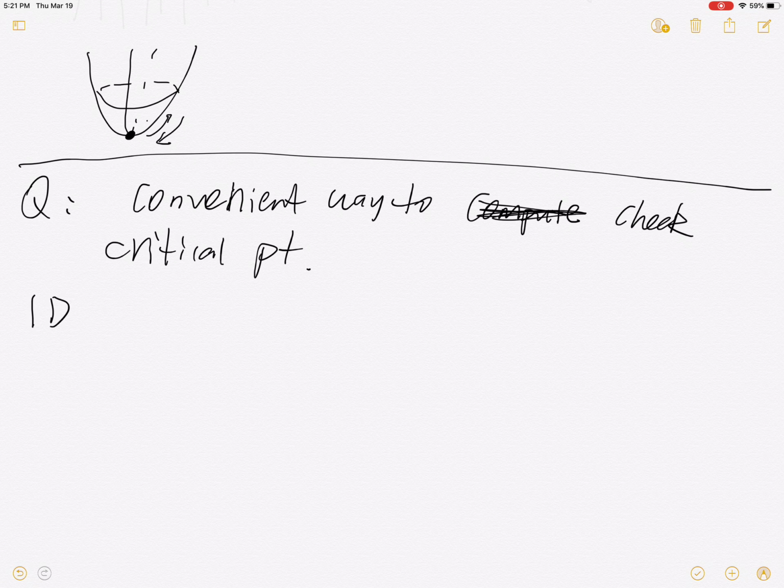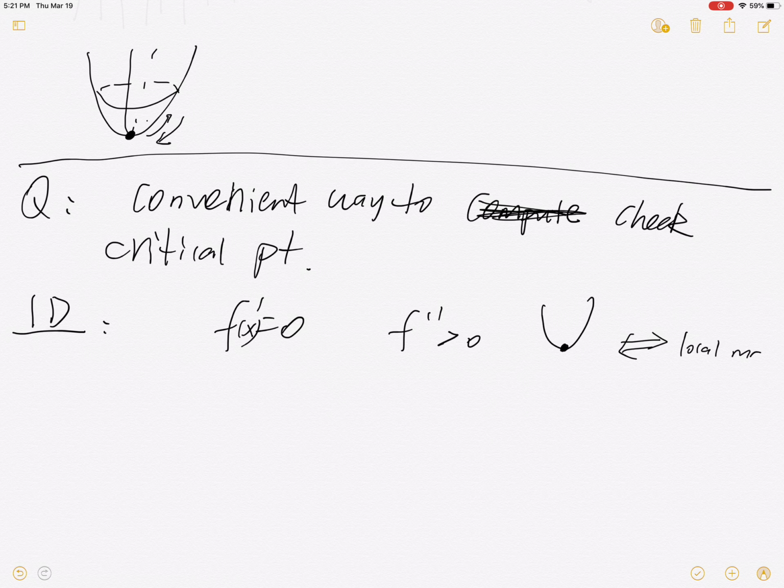Okay, so first let's recall in 1D, what do you do? Suppose f of x satisfies this, then if the second derivative is positive, then you would have a picture like this, which is a local minimum.